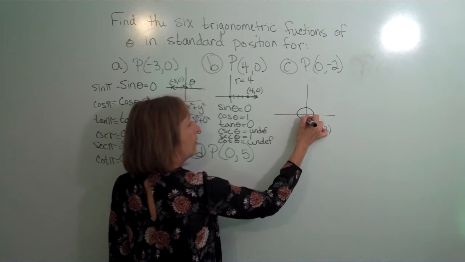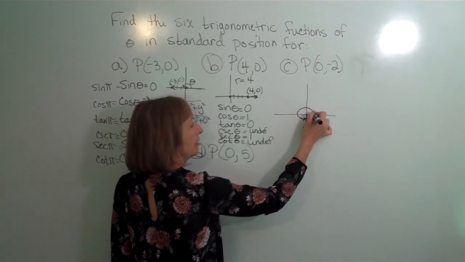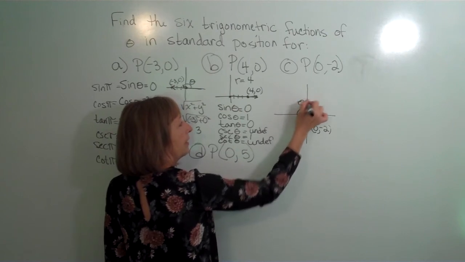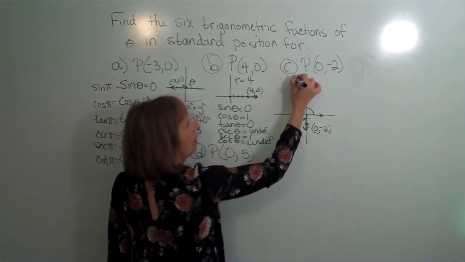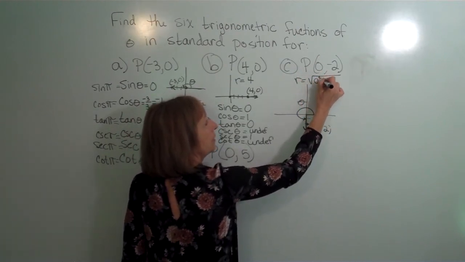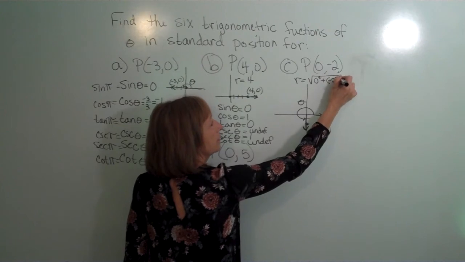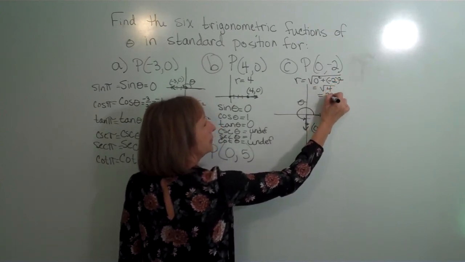So here is our angle in standard position. So there is our theta right there. And our r is the square root of 0 squared plus -2 squared. So that's the square root of 4, which is 2.